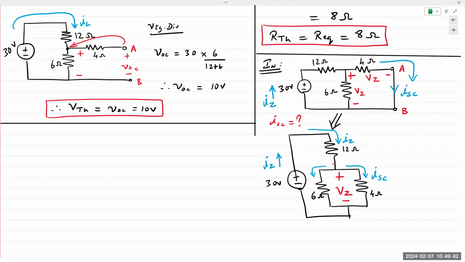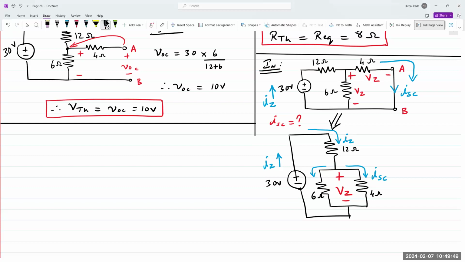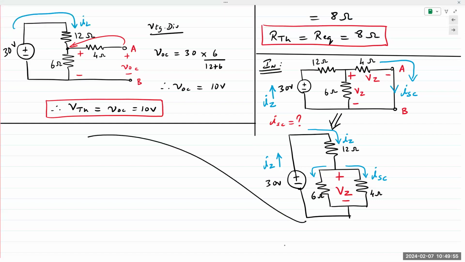So let's do that. First, I'm going to reduce 6 and 4 into one single resistance. 6 in parallel with 4 gives me 24 divided by 10, 2.4 ohms.